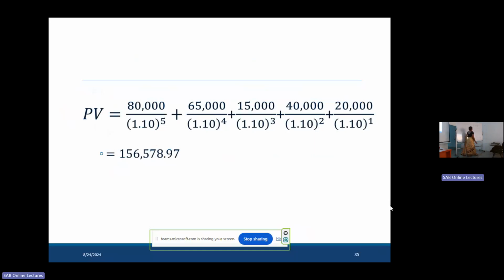If you are using this future equivalent value, you have to come back in the timeline. So you have to discount 2 times. If you discount this number, 252,172, for 2 times, you get the same answer.